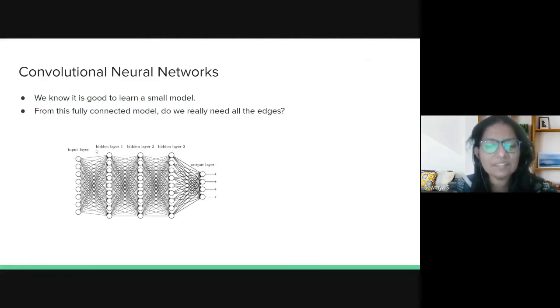So the idea of convolutional neural networks is whether we need all these edges while modeling a particular set of data, and whether some of these can be shared so that we have to learn less number of parameters.